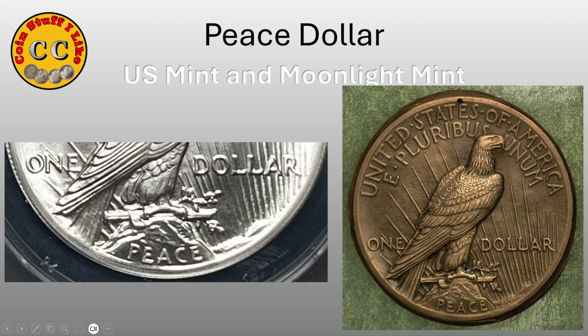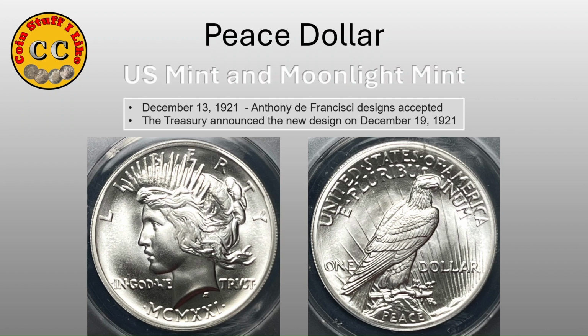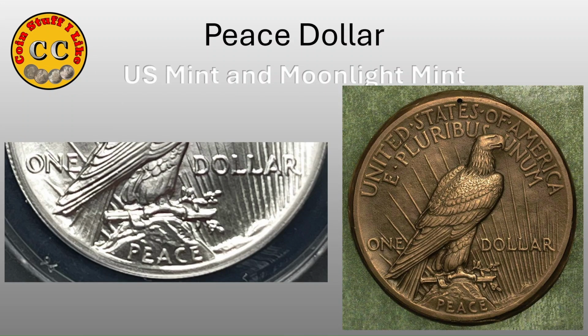The other piece of evidence, this is one that we know the broken sword design was the original accepted design. We also know that back in the day, they were not allowed to put images of coins in print. So when they made this announcement, December 19th, 1921, with the press that followed, they had to describe the obverse and reverse.